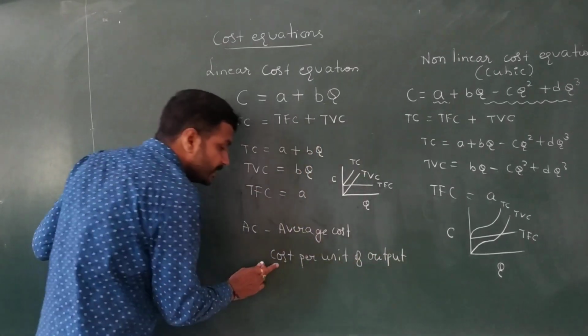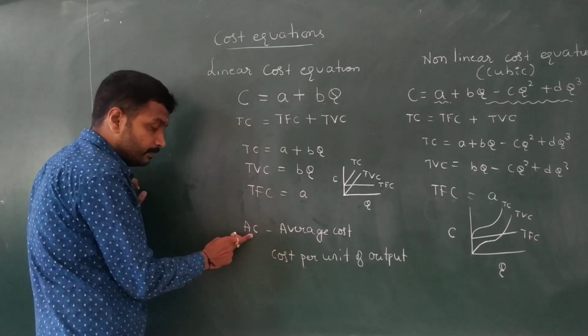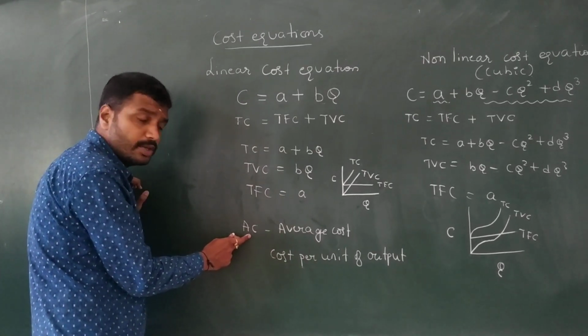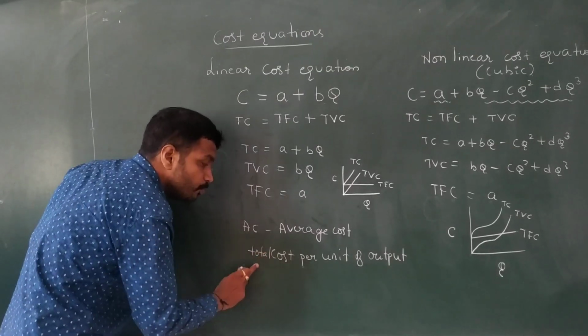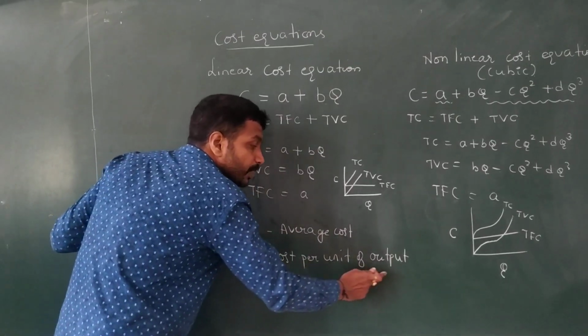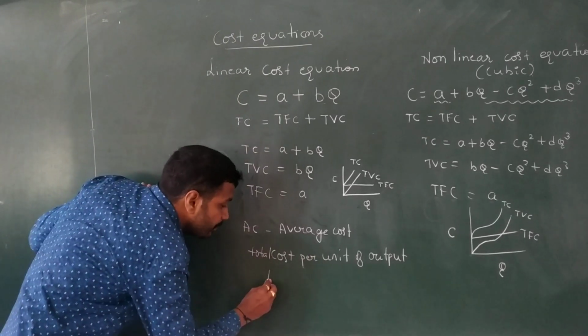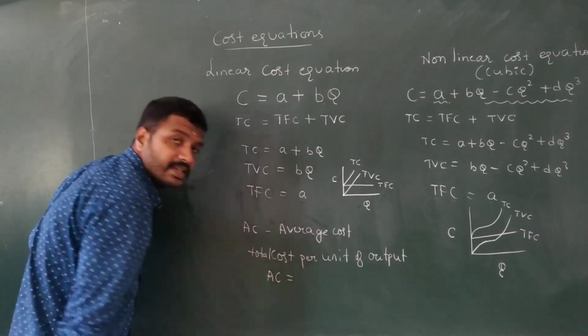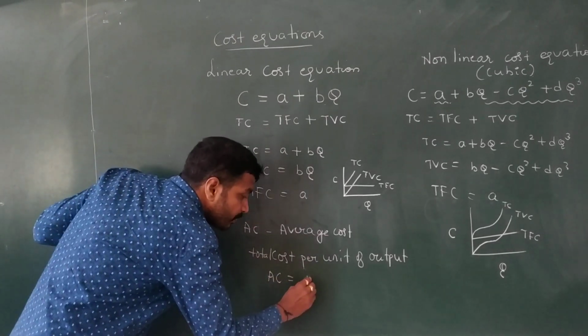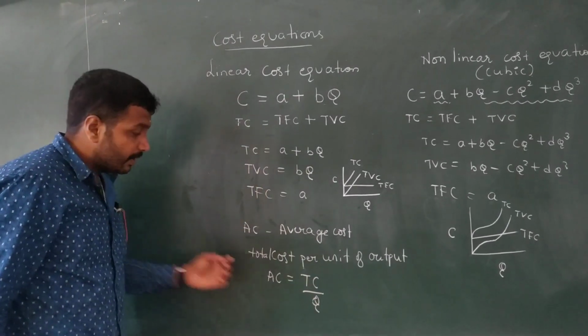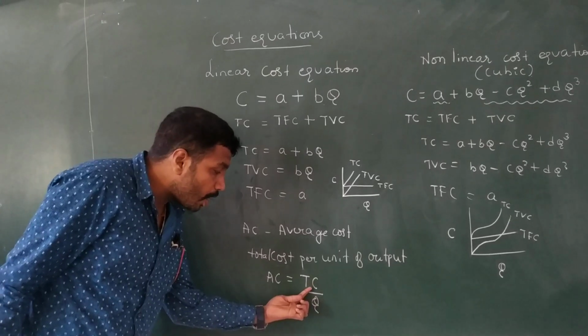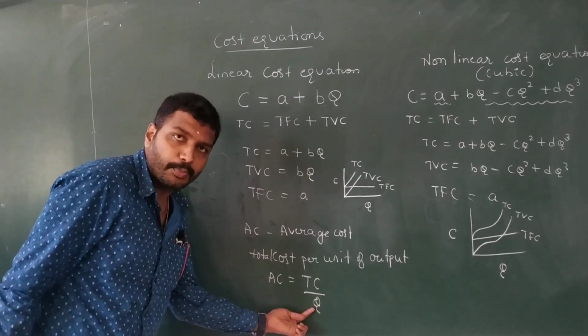Here cost stands for total cost. When we refer to average cost, it is the total cost per unit of output. So the expression is AC = TC/Q.